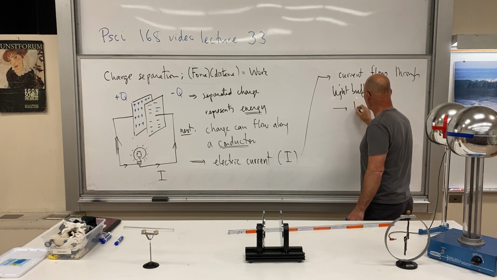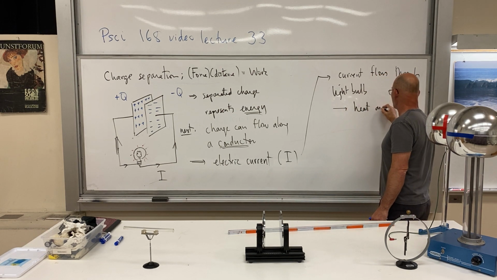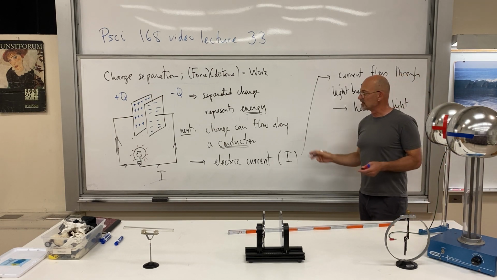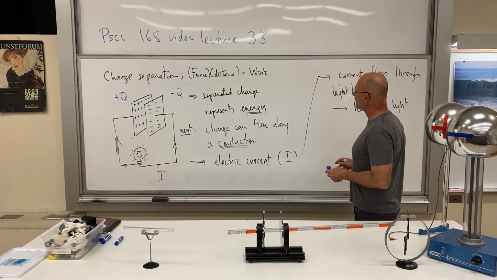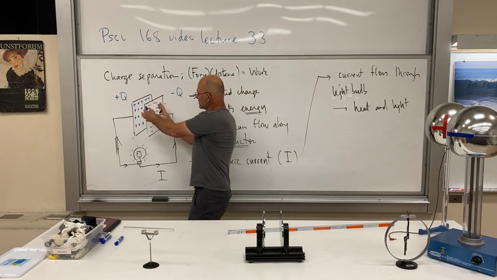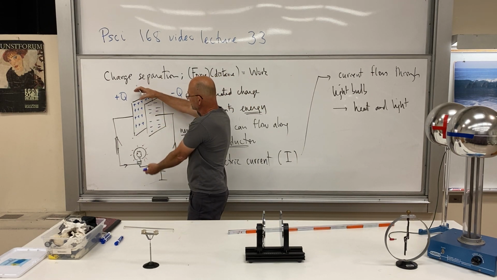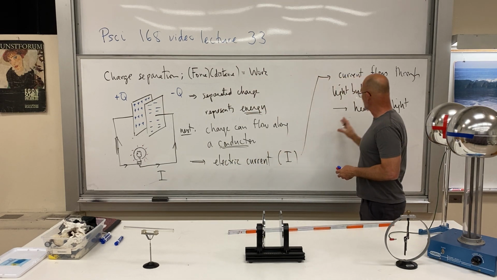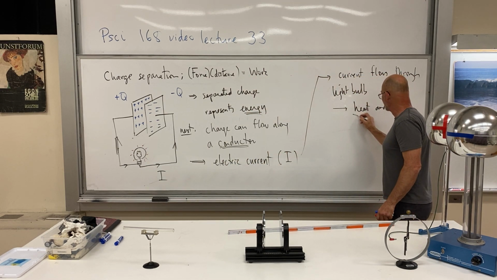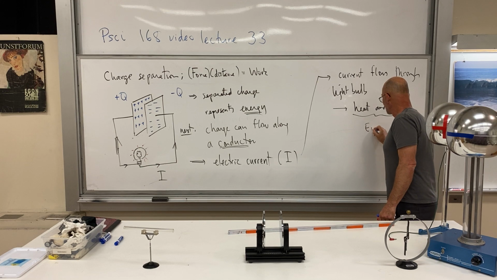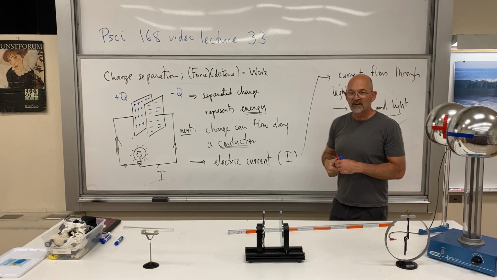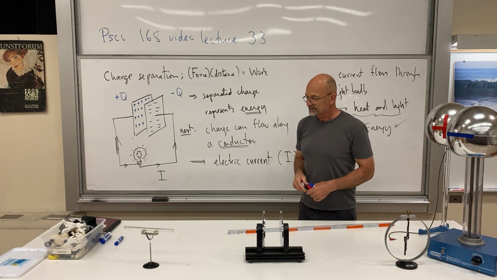That produces heat and light. Both of them represent energy, of course. And at the point where we'd say this object has been discharged, it no longer has any charge separation, then that energy has been turned into heat and light. Okay, so heat and light, energy, and then it's run down. So that's our electrical process.